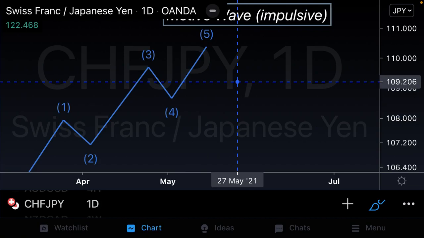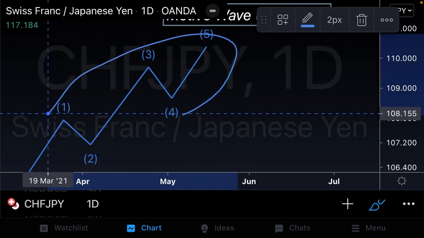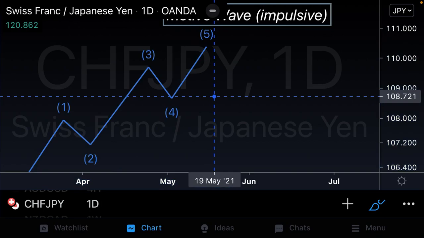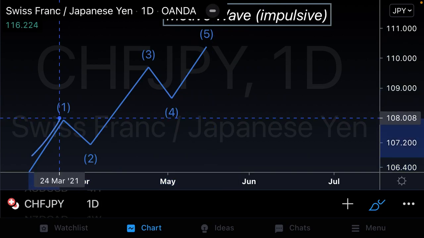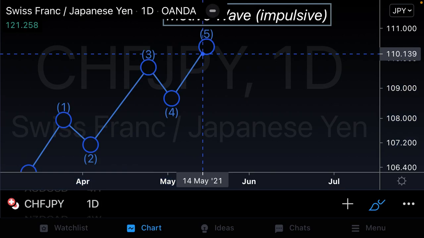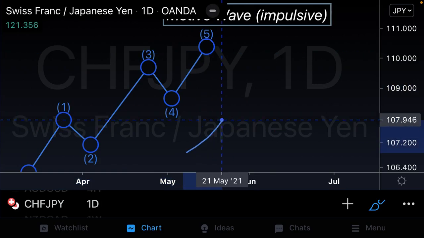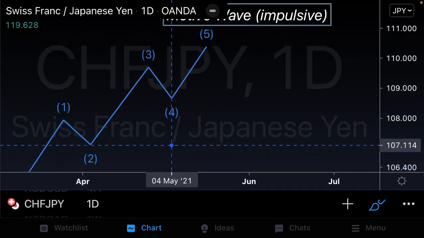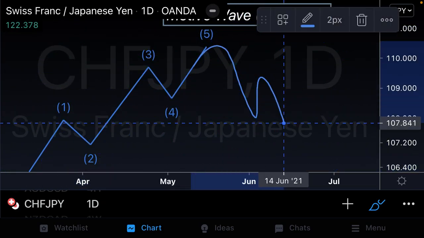Now this is one complete impulsive wave, and we can see that within this impulsive wave we have 5 different legs. Now that's the basic Elliott wave principle. It just speaks about us having these impulsive phases within the market followed by corrective phases within the market.